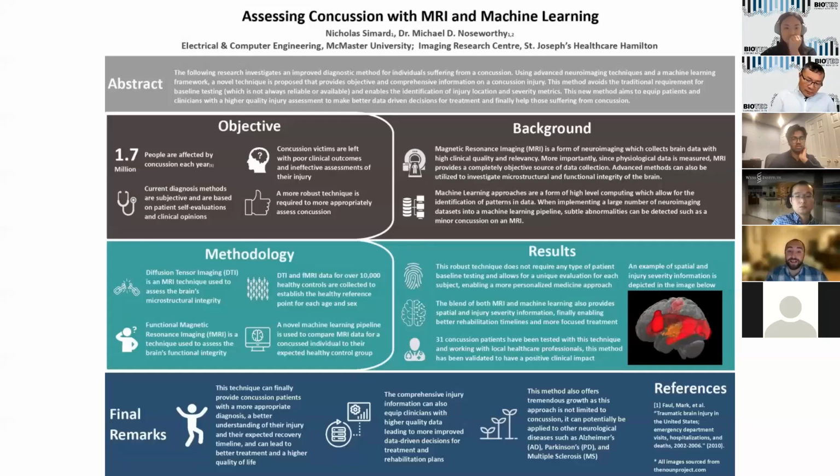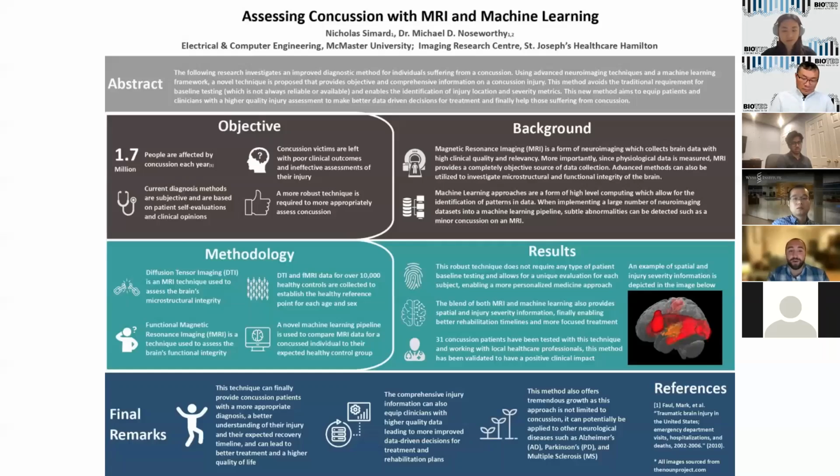With clinically validated advanced MRI methods, we can investigate microstructural and functional integrity of the brain. Another important piece is machine learning, which is a form of high-level computing which allows for the identification of patterns in data. When implementing a large number of neuroimaging data sets into a machine learning pipeline, subtle abnormalities or outliers can be detected, such as a minor concussion on an MRI.